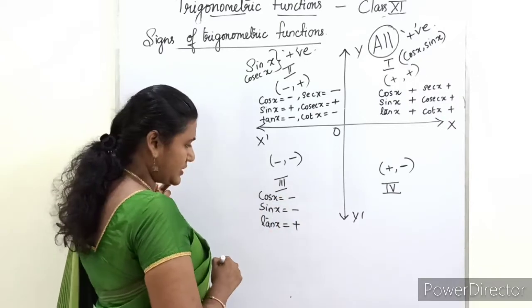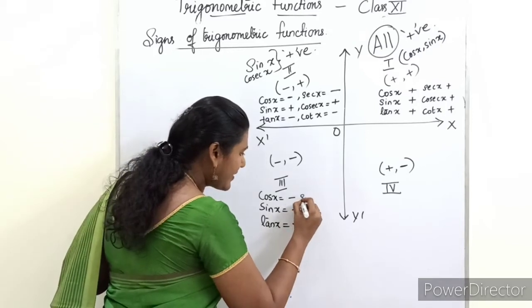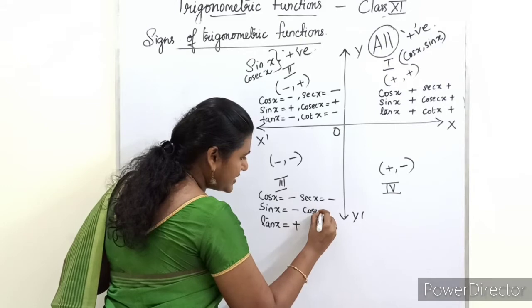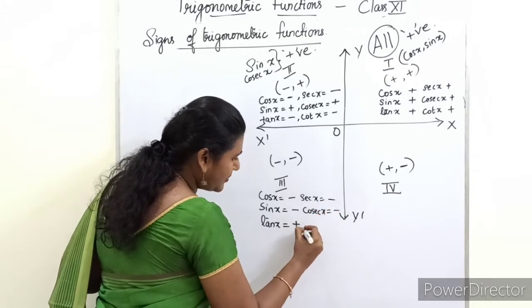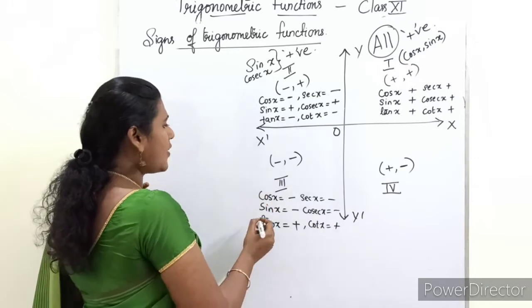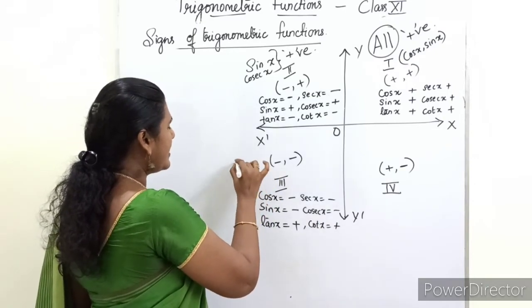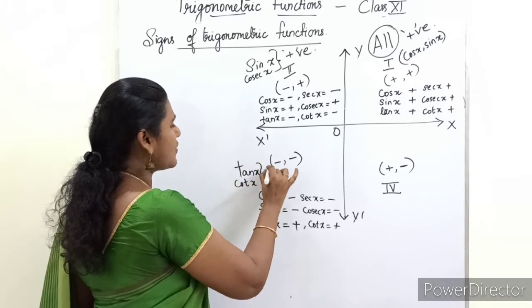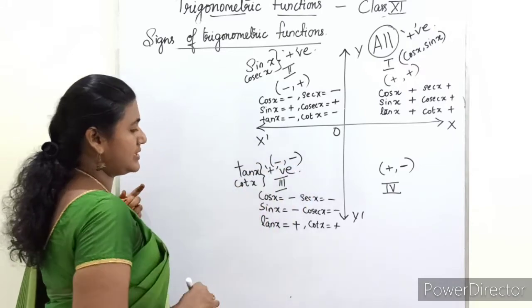Now for the reciprocals: sec x is negative, cosec x is negative, and cot x is positive. So in the third quadrant only tan x and cot x are positive.